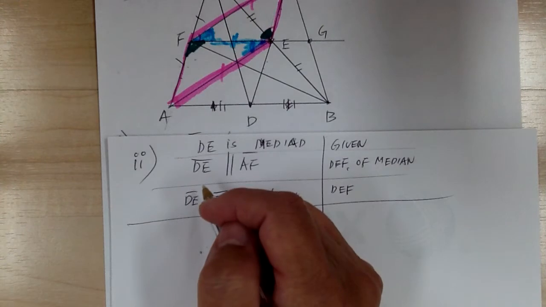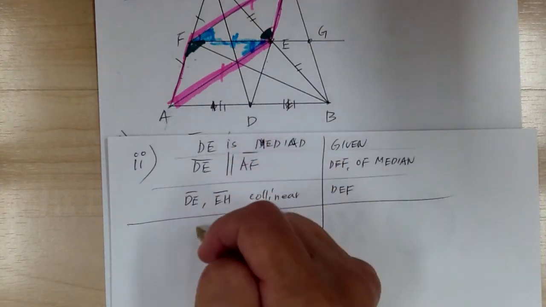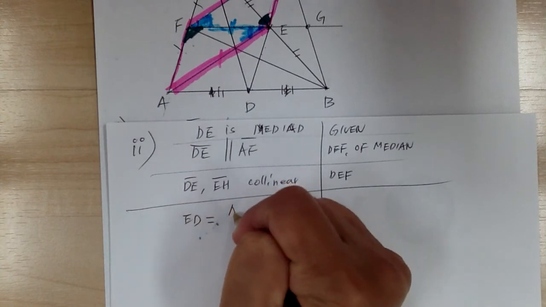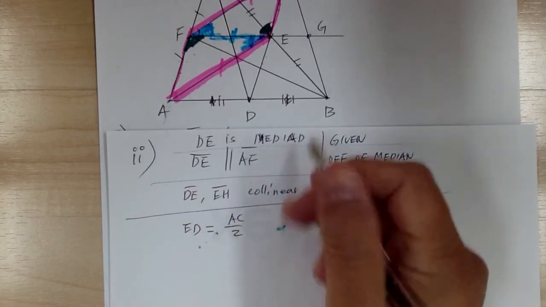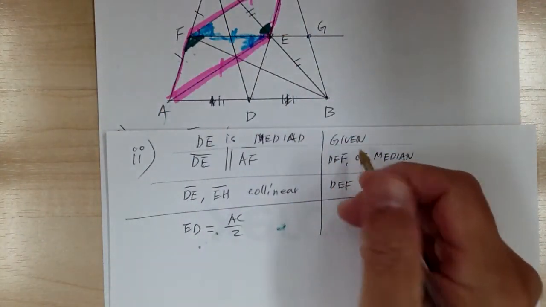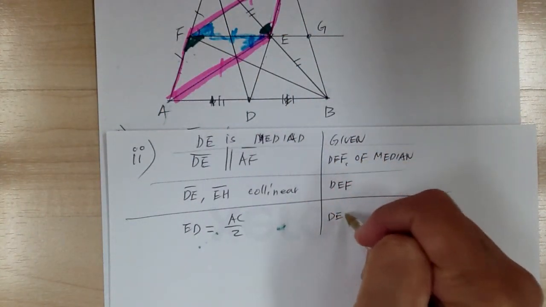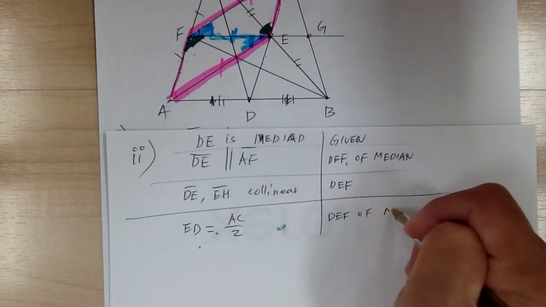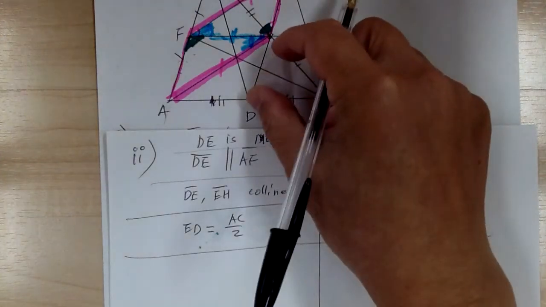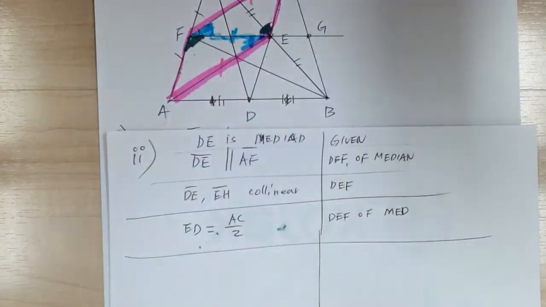And then you have ED equal to AC over 2. So ED equal to AC over 2. Again, that's the definition of median. The definition of median is that the median is half the length of the base.